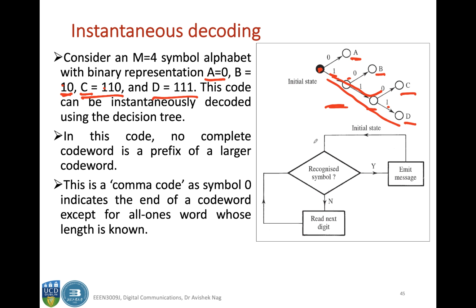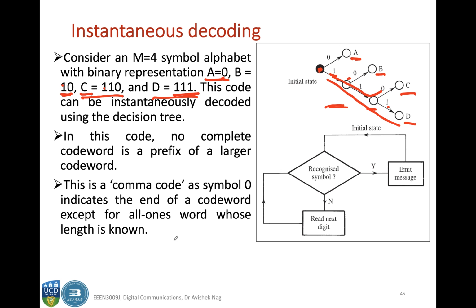Okay. So this type of code is also called a comma code, as symbol 0 indicates the end of a code word, except for the all ones word whose length is known. So 0 means the end of a code word. This is A equal to 0, B equal to 1 0 end, C equal to 1 1 0 end, except for the all one case, and for that you know the length of the code word.